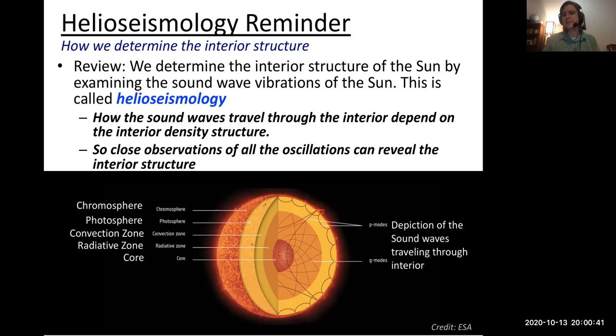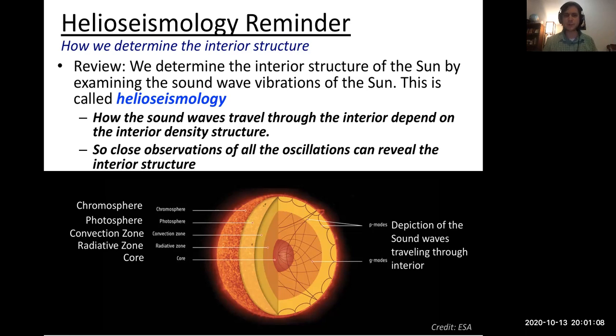Well, how those waves are traveling through the sun, which are depicted here in this wonderful graphic, the path that they take, is determined by the interior density structure of the sun. So if we can study the pattern that the waves make, we are really studying the interior density structure of the sun.